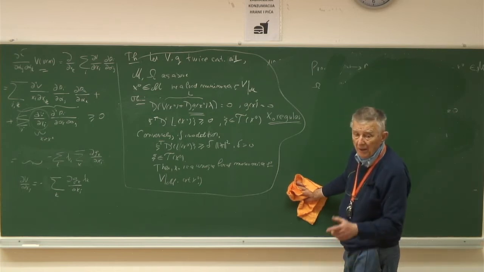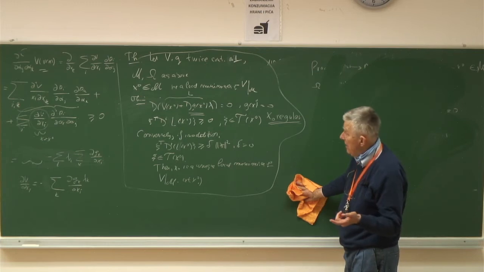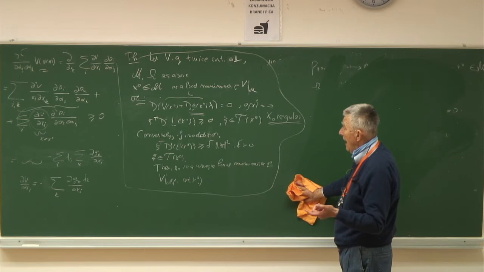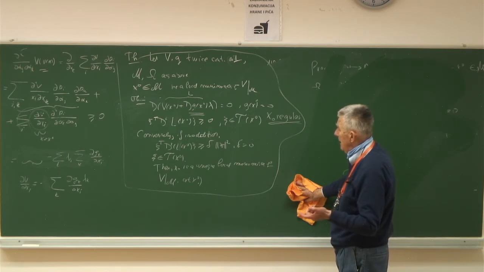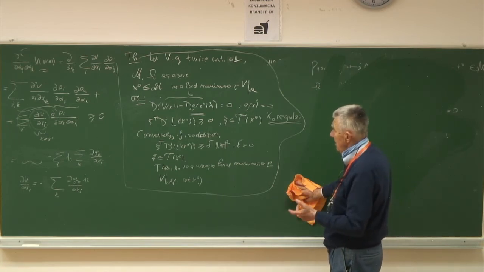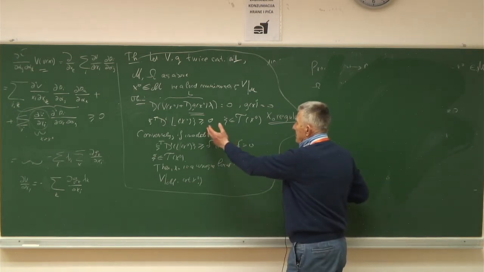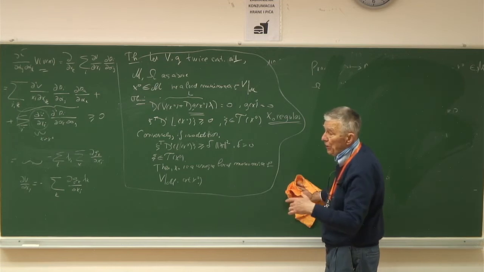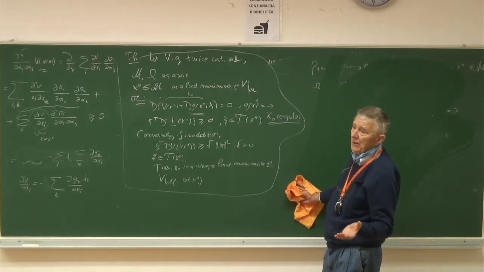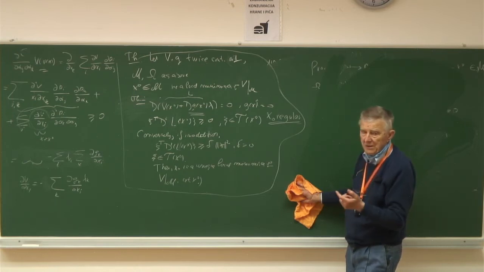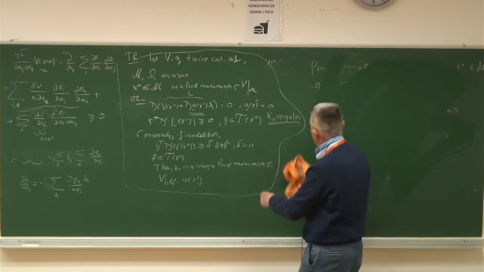The gradient of the Lagrange function should be 0, and at the solution, at the stationary point, this should be positive semi-definite, and in order to check the local minimum, you have to check the positive definiteness of this matrix here.